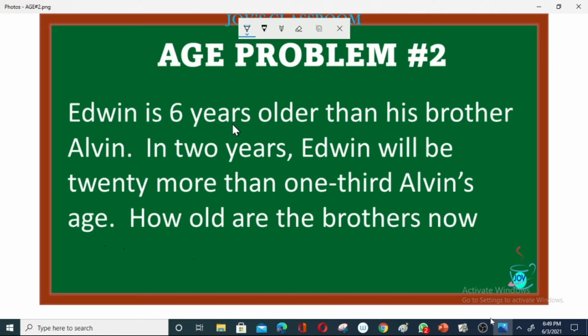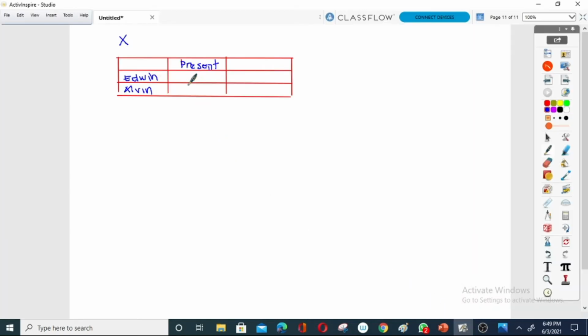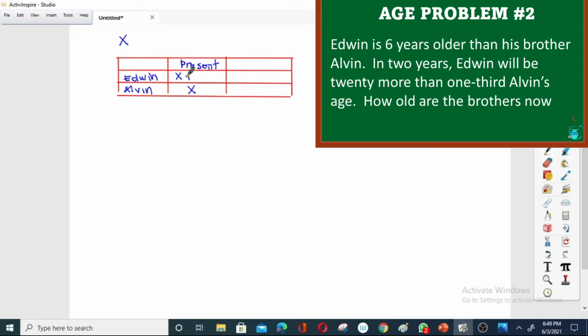The person who is not described is his brother, Alvin, so Alvin will be our X. And Edwin is 6 years older, so plus 6.